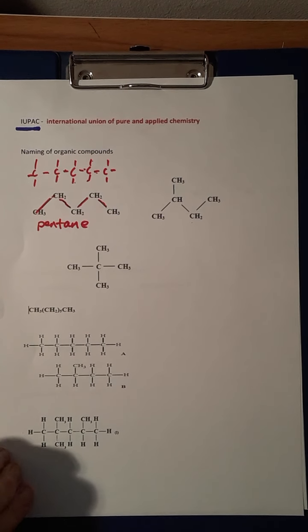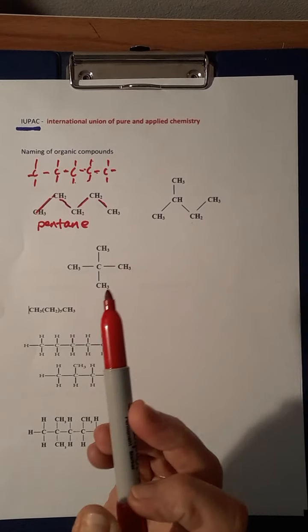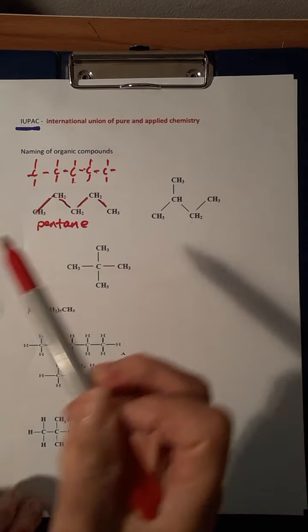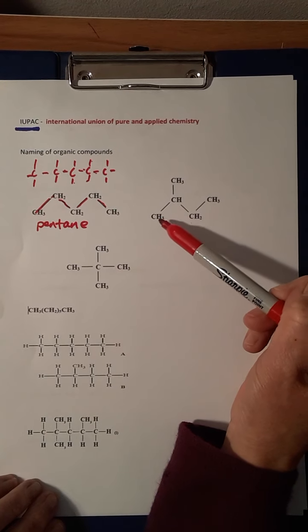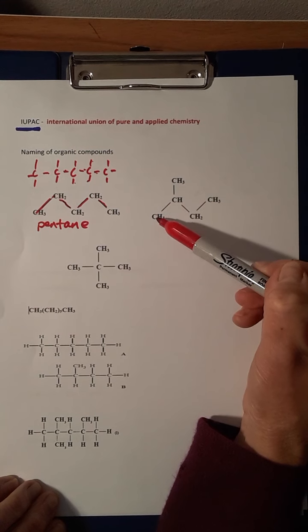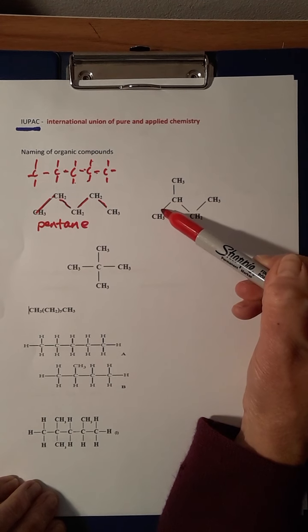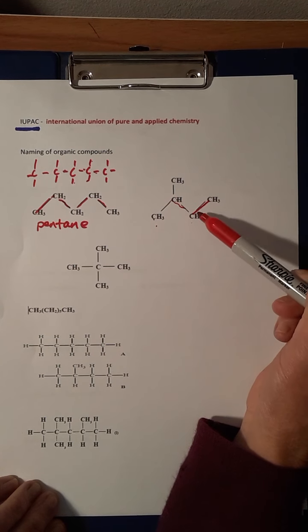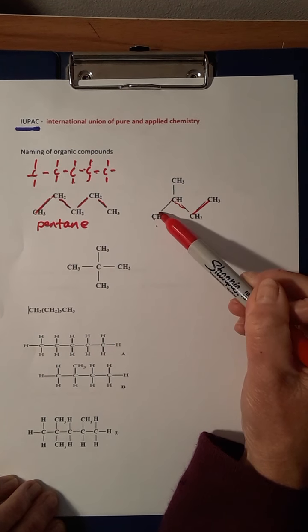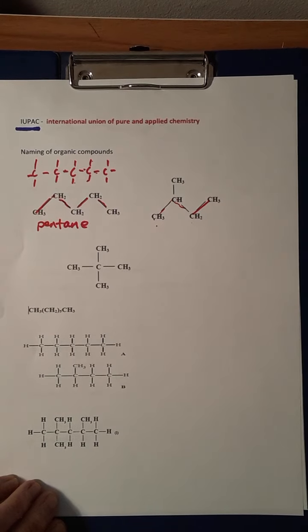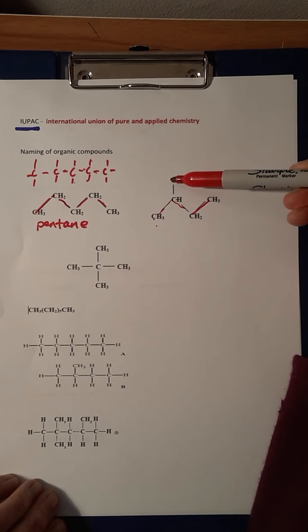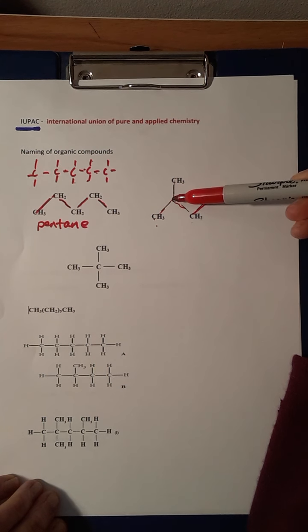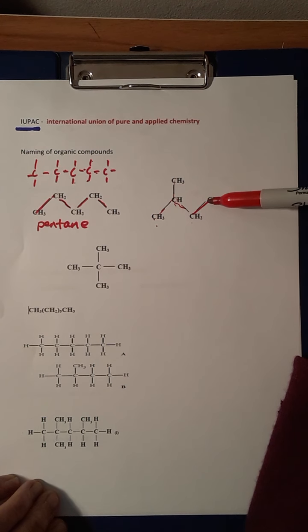Okay, now let's look at the second one, this one over here. Again, find the longest chain. There's a chain of carbon atoms here. This one is bonded to that, and that's bonded to that, and that's bonded to that. So that's 1, 2, 3, 4. If I follow that chain, I have 4 carbon atoms. Maybe if I started at the top here and went down to here, to that one, to that one, it's still 1, 2, 3, 4.